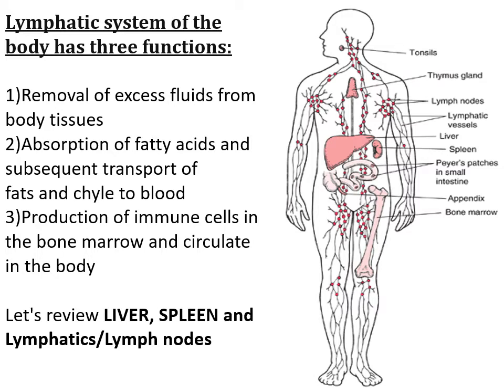Okay? The production of immune cells is in the bone marrow. And when we say immune cells, we're thinking of white blood cells. In fact, all the cells that circulate in your blood really are produced in the bone marrow. The white blood cells, the red blood cells, and the platelets. Okay? So we're gonna talk about the liver, the spleen, and then the lymph nodes and lymphatics on upcoming slides.